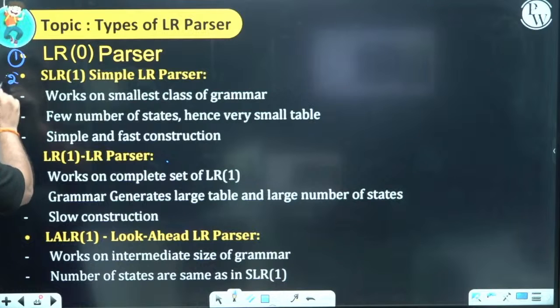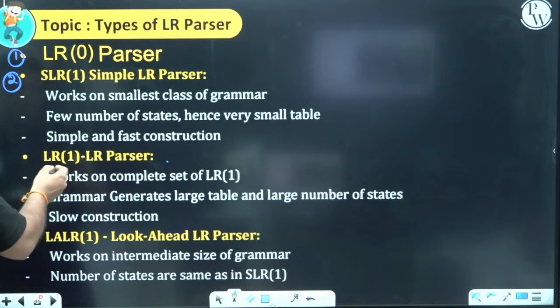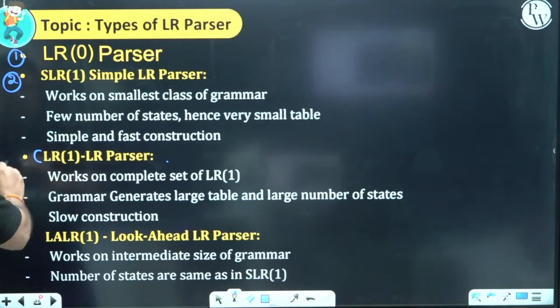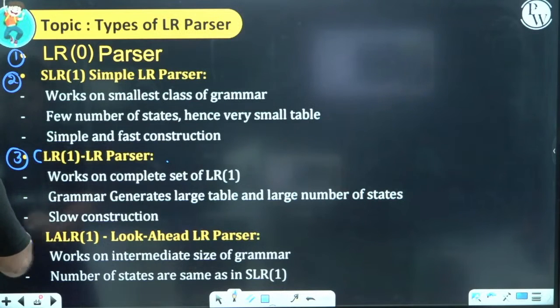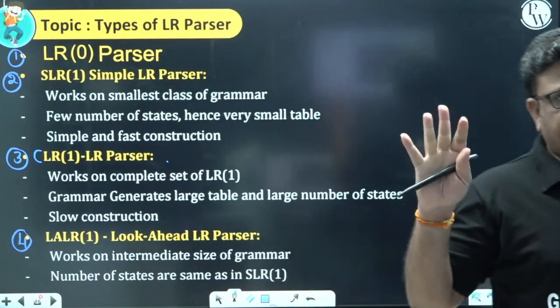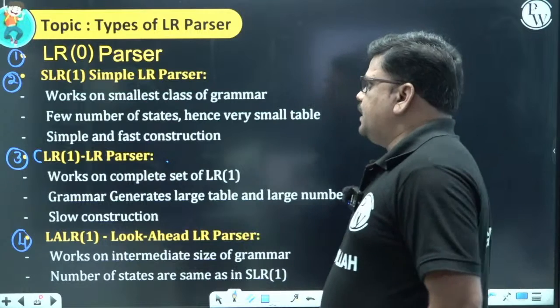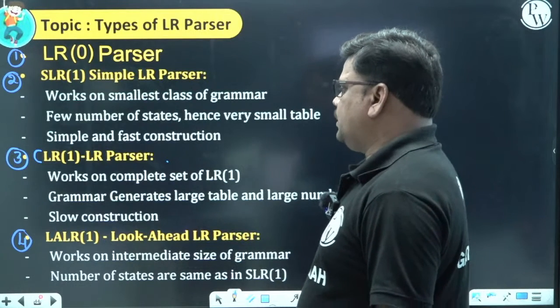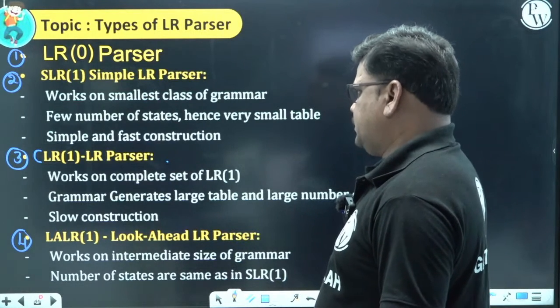Next one, SLR1 parser. Next, LR1 parser, that is also called as CLR1 parser. Next one is called as LALR1 parser. So in order to design these tables, we have four methods: LR0, SLR1, CLR1, LALR1.